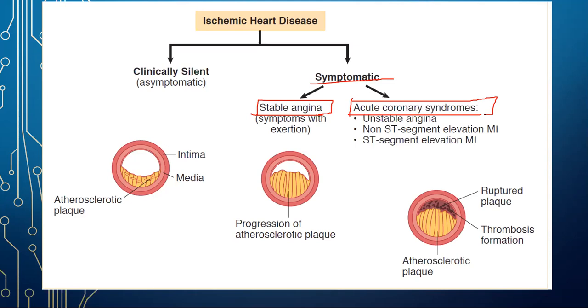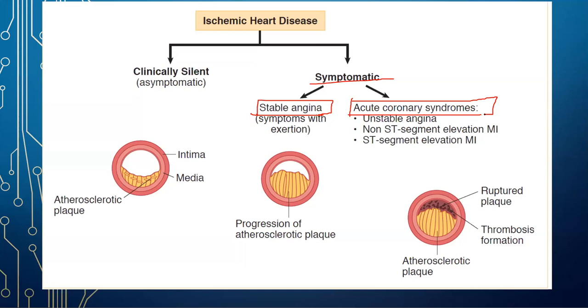The typical chest pain of myocardial infarction or acute coronary syndrome is left-sided chest pain, which feels like tightness or heaviness, and it's a severe pain, radiating to your left arm, jaw, neck, or sometimes epigastrium, with associated nausea, vomiting, sweating, or sometimes even racing of the heart and feeling dizzy.